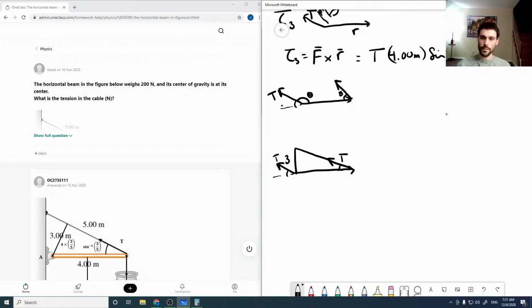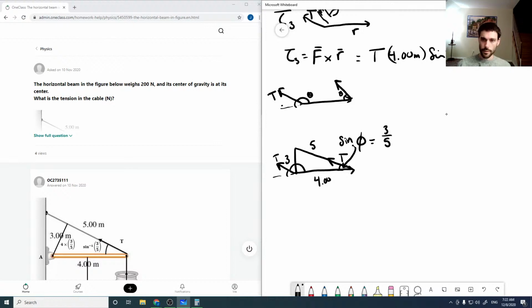We're given that this is 3 meters, this is 5 meters, and this is 4 meters. So this angle, I'm going to call it phi, just so that I'm not getting things all confused. The sine of phi is the opposite over hypotenuse, so 3 over 5.